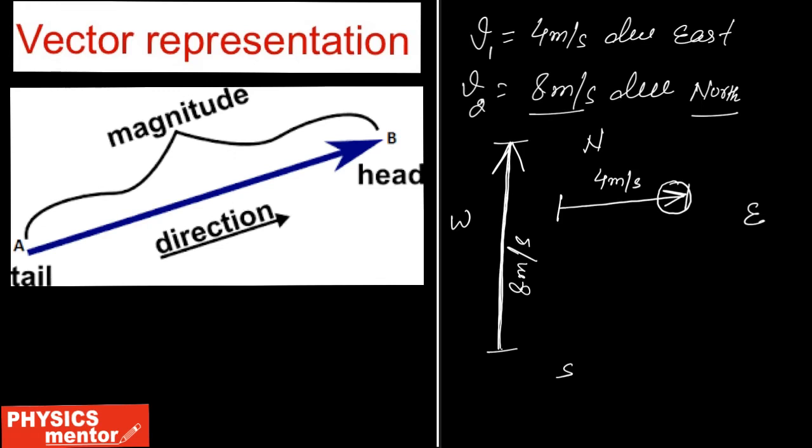Why? Because the magnitude of vector v2 is more than v1. So the length of the vector gives us an idea that if a particular vector's length is more in comparison to another, then that vector's magnitude will be more than the other one.